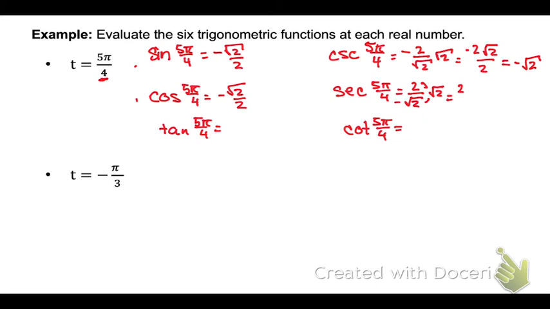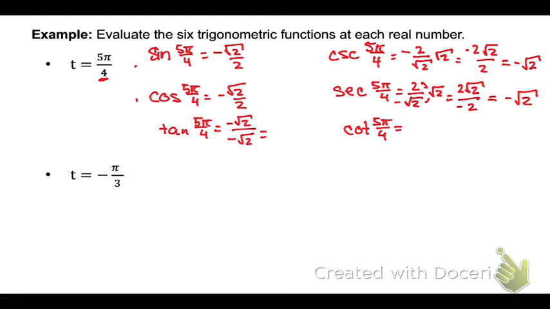So I get 2 square root of 2 over negative 2, and then my 2's reduce, and I'm left with negative square root of 2.